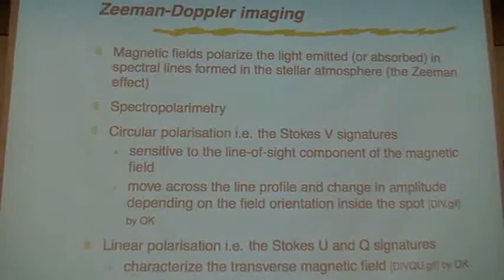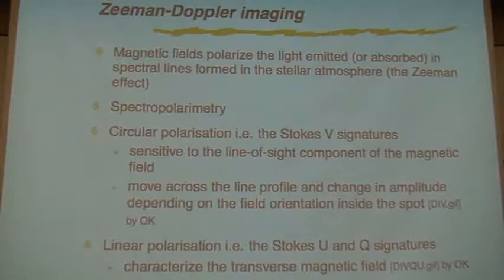And then in principle it's possible to get a signal with all of the four Stokes components. And these different components are sensitive to different kinds of magnetic fields.